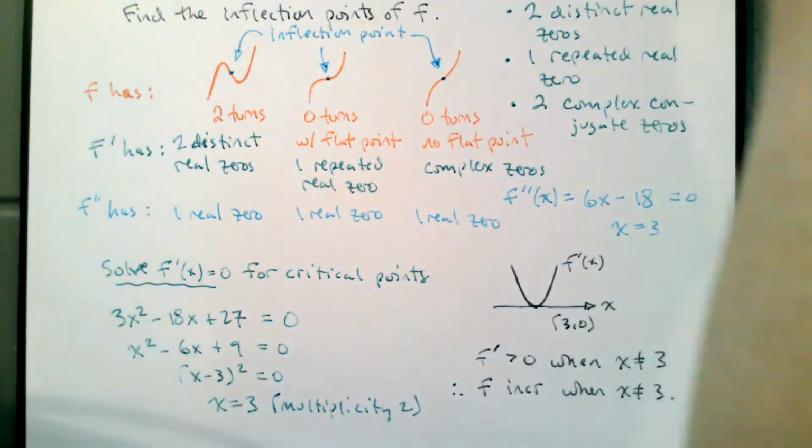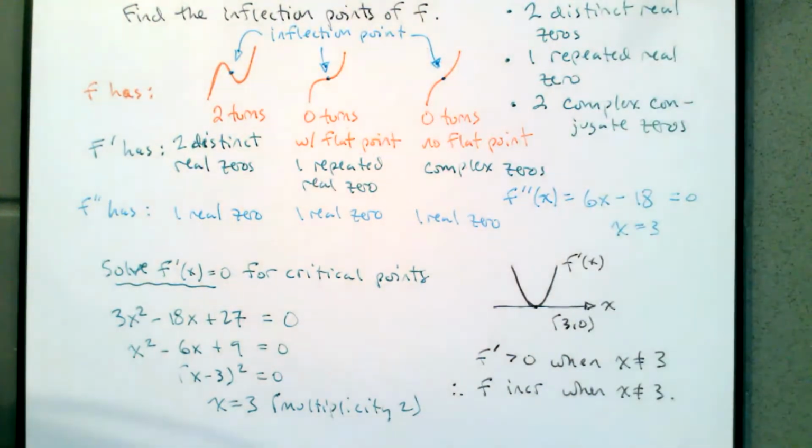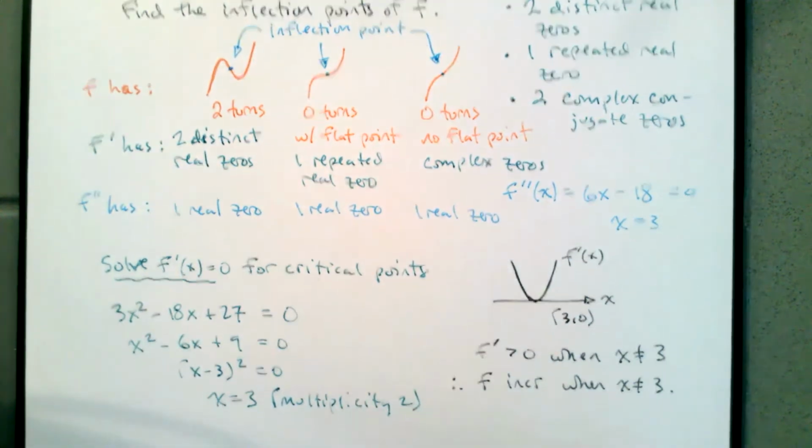We weren't able to check the concavity because the function does not have any concavity when x is equal to 3, because the second derivative is equal to 0. But f has a critical point at 3, and it is neither a local maximum nor a local minimum.